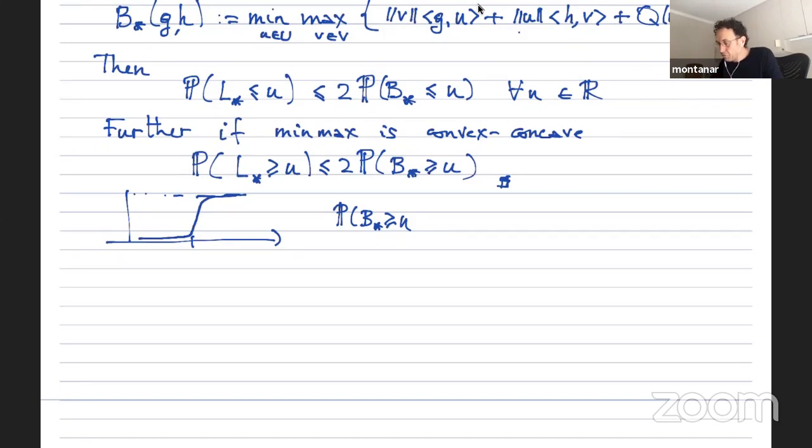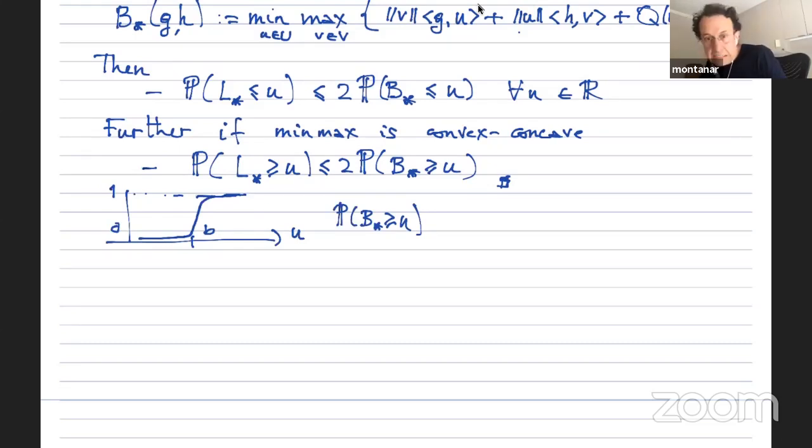Let's say this is U, and this is the typical B. So this probability goes from 0 to 1 around a certain B. And therefore, if you use these two bounds, you get that L star must also concentrate around this lowercase b.